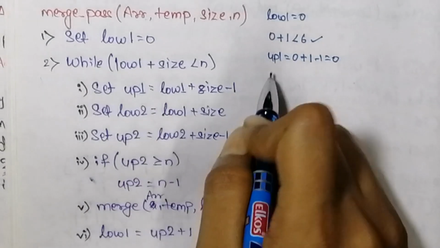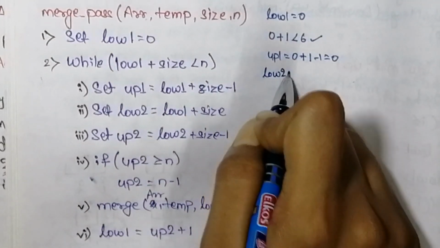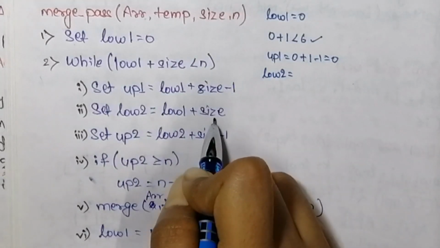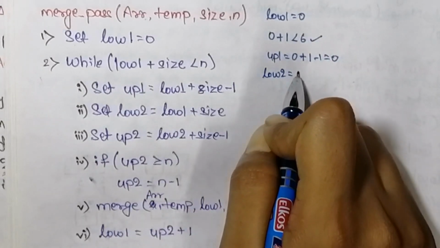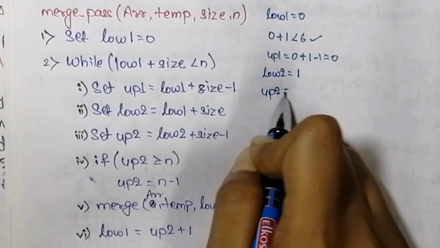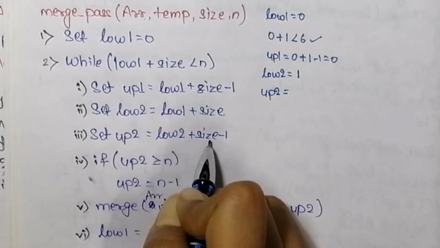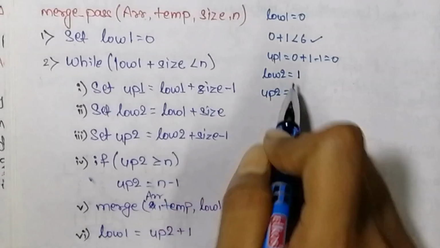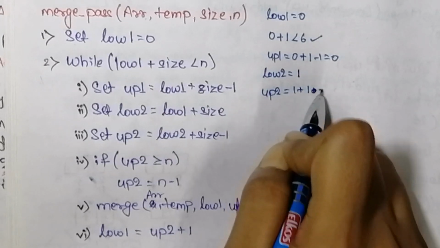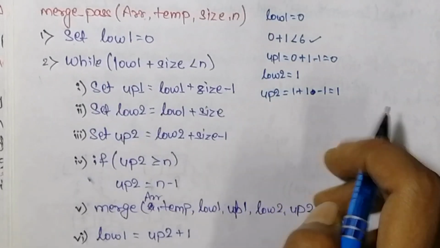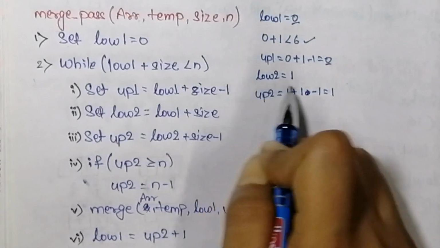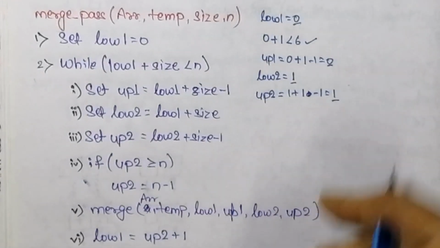And we will set low2 equals to low1 plus size, so 0 plus 1 equals 1. Then we will set up2 equals to low2 plus size minus 1, that is 1 plus 1 minus 1, that is 1. So see here, low1 is 0, up1 is 0, low2 is 1 and up2 is 1.